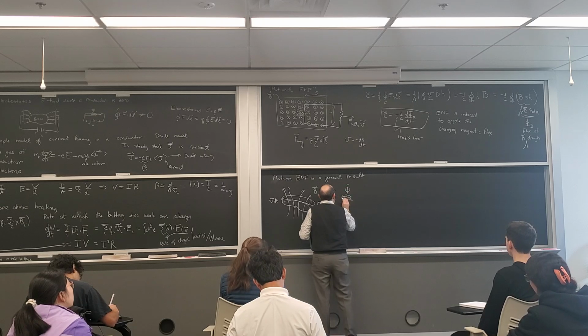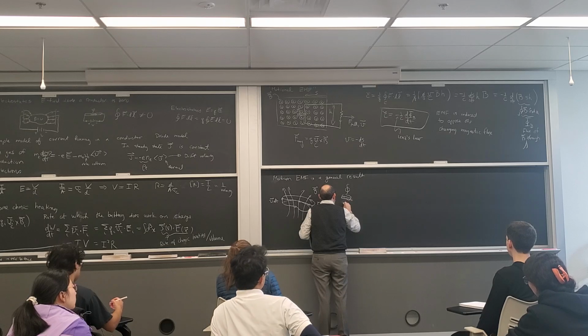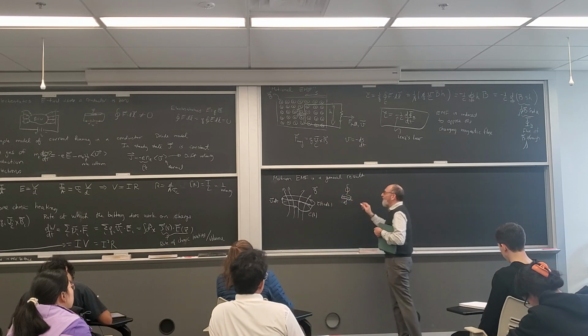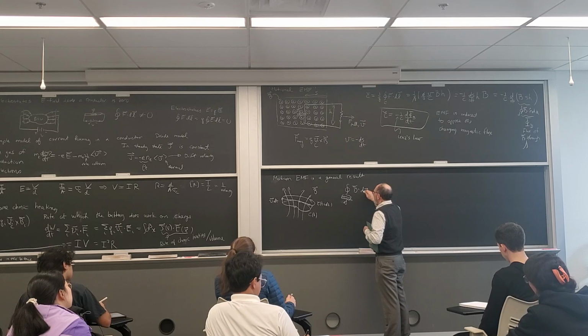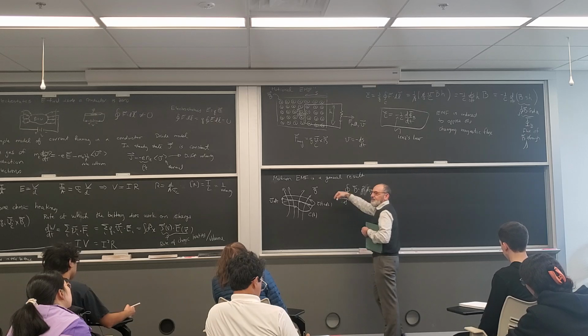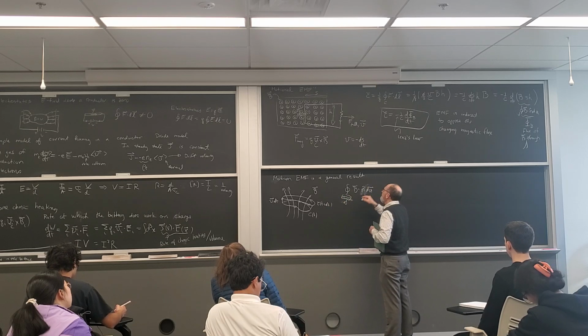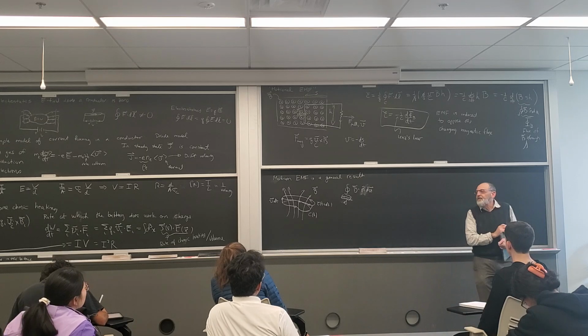One of those peanuts you wash your car with. That's my closed surface. And I want to look at the total flux of the magnetic field, where the normal is now out of this surface. And I ask you, what is the flux of the magnetic field through the closed surface?